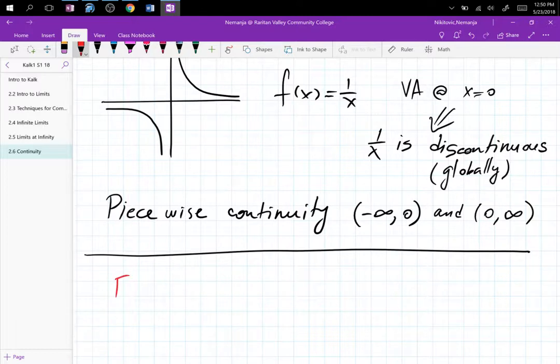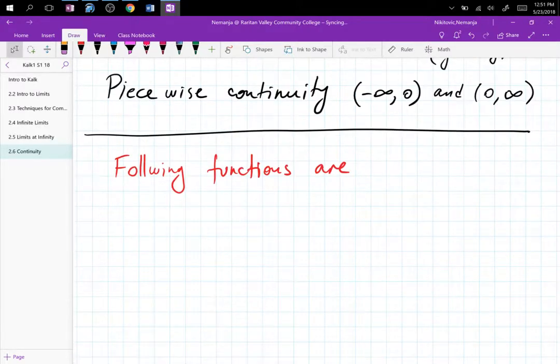So, the following functions are globally continuous.